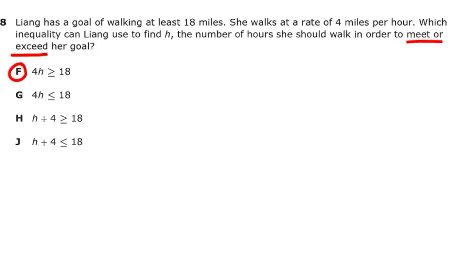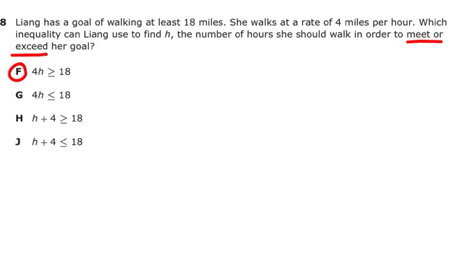F is the correct one because, first thing, it has to be set up for H. It has to be set up with 4 miles times however many hours she walked to get our answer. So that eliminates H and J automatically. So that basically leaves us with F and G.